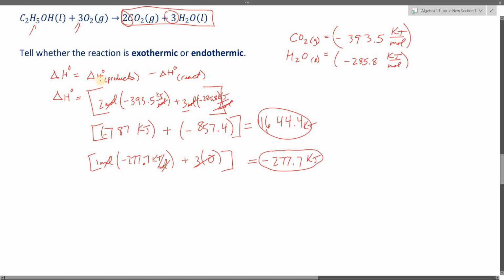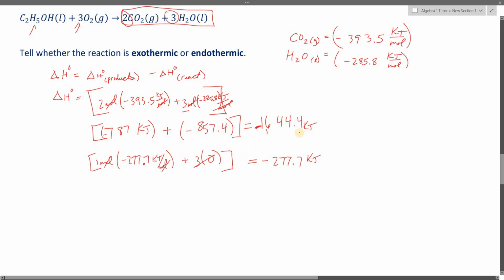According to the formula up here, it's the products minus the reactants. I was supposed to put a negative here. Some of you were screaming that at me. This is a negative and a negative. That gives me negative 1644.4, and I also have negative 277.7 kilojoules.